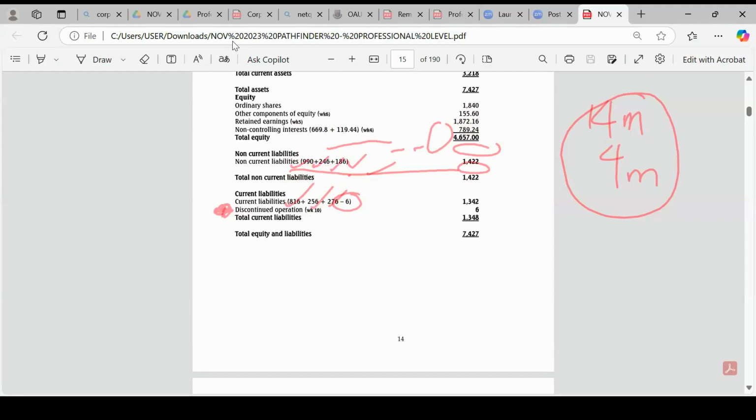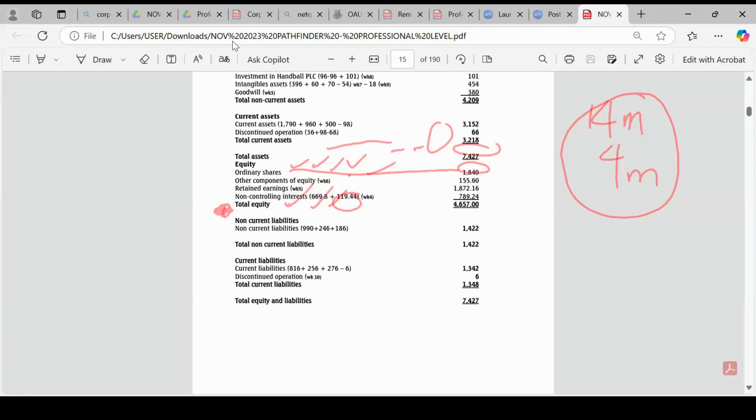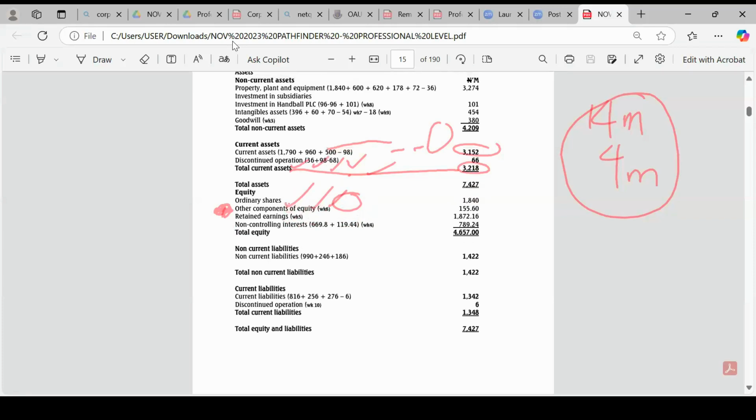It should. Non-current liabilities, don't forget, that will go. We just add everything. Current liabilities is what I wanted to mention. Don't forget that this -6 will be referring to the discontinued operation. So I would have even done the discontinued operation and brought -6 here.